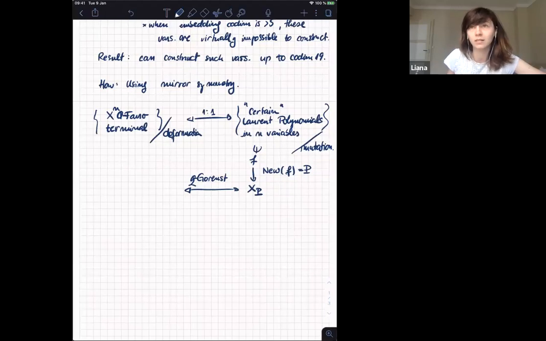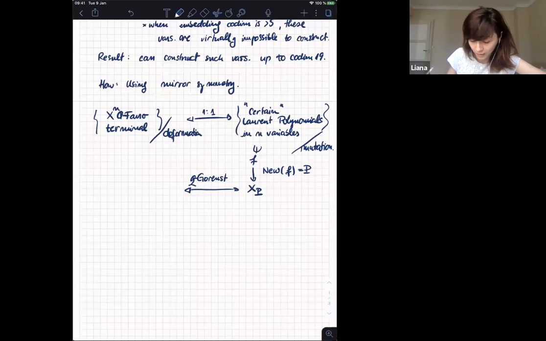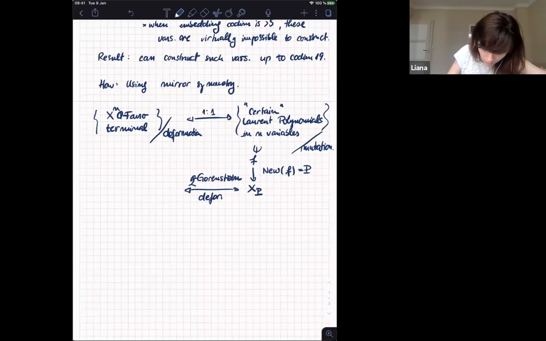Q-Fano means a Fano variety whose anticanonical, well, a multiple of the anticanonical is Cartier. Yeah, it does mean Q-Gorenstein. No, it doesn't mean Q-Gorenstein. No. The deformation is Q-Gorenstein. That's something I will say, deformation to the Q-Fano X that we want to see.